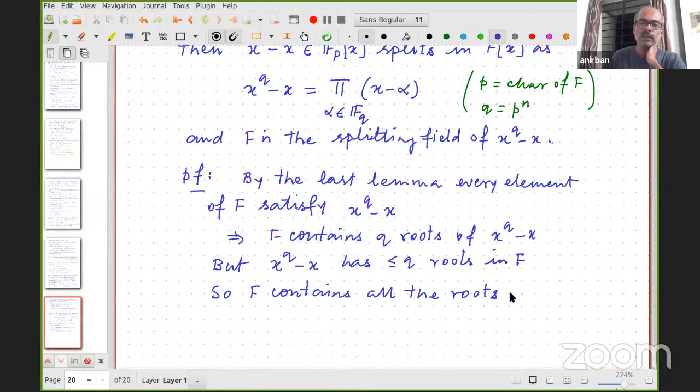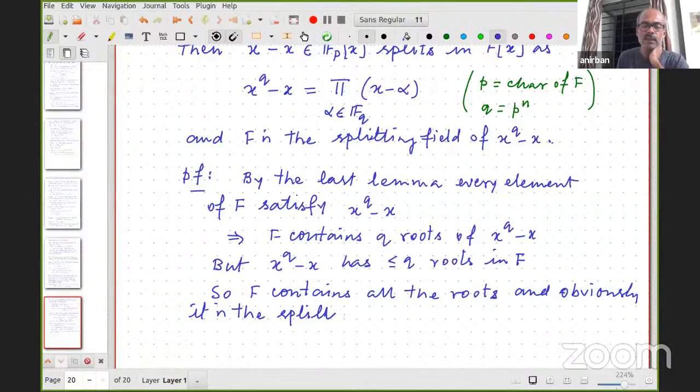So F contains all the roots, and obviously it is the splitting field, meaning you cannot split the polynomial in any smaller field, any proper subfield of F.